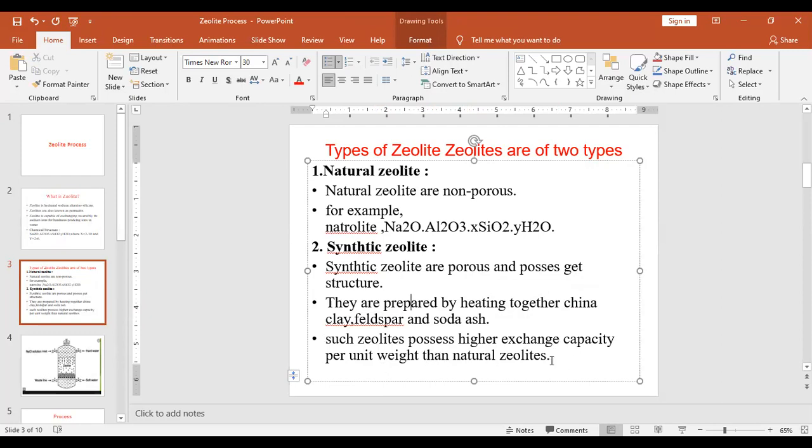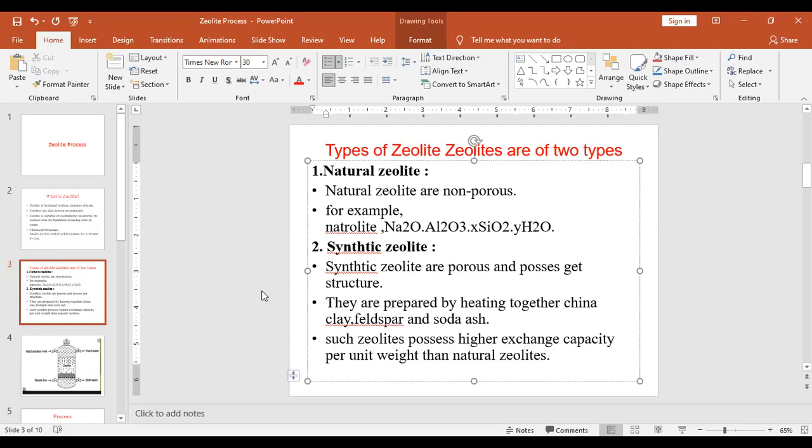So the ultimate aim of this process is to have the exchange of ions, and that is possible to a higher degree in a synthetic zeolite than the natural zeolite, because the porosity of synthetic zeolite is more as compared to the natural zeolite. Usually the natural zeolite is non-porous. Only at the surface does the ion exchange reaction take place.